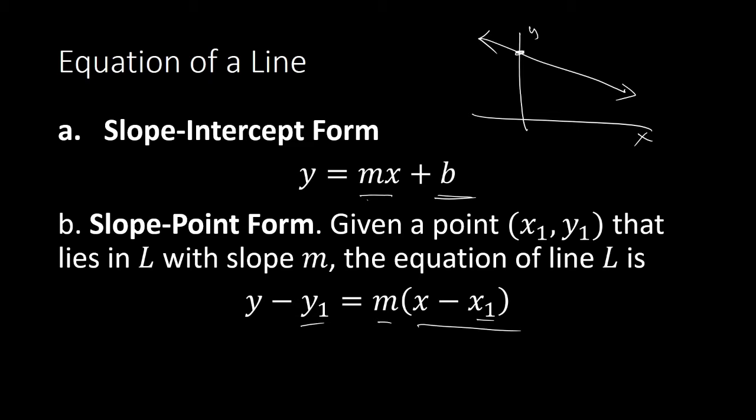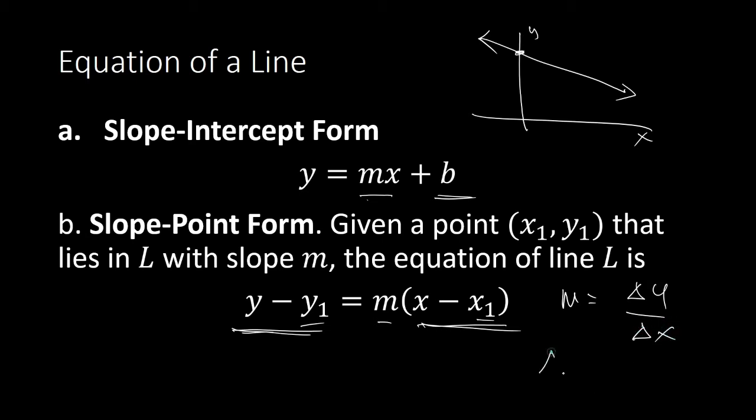You know what students are sometimes confused? They cannot recall, is this y minus y sub 1 or x minus x sub 1? So they are kind of confused about how to write these terms. Well, this is my advice to you. If you are confused, just remember that m is equal to change in y over change in x.